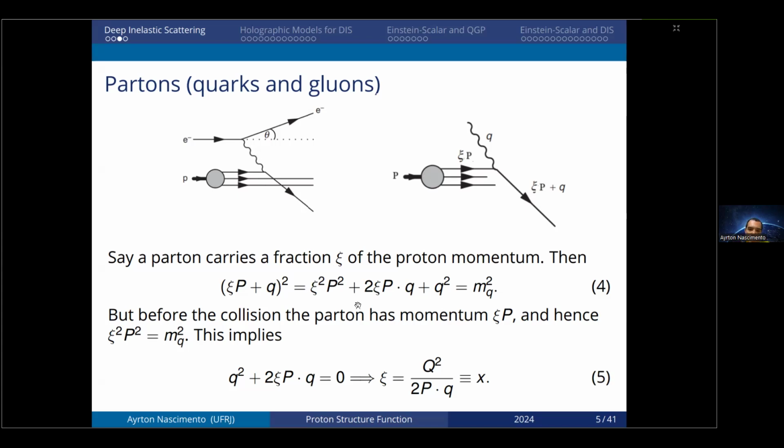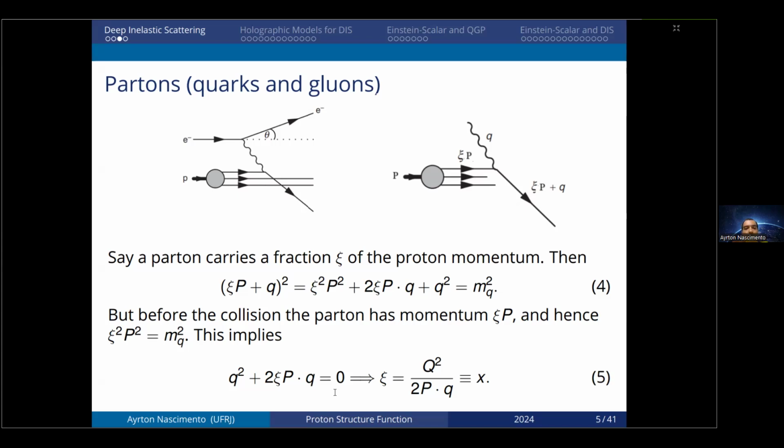You can work this out. This is the momentum after the collision, but before the collision the momentum of this parton was just ξp, and this momentum squared is the mass of this parton, which I'm going to call m_q. It is the same as the final mass, since the mass of the parton doesn't change. So you can conclude that this middle term over here is equal to 0.